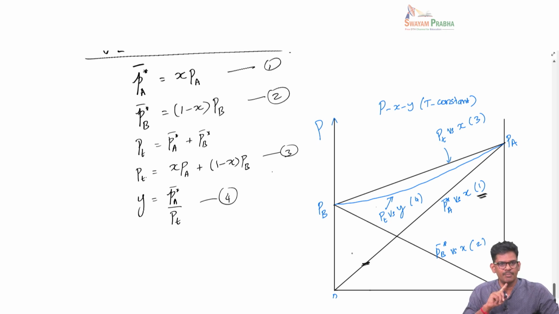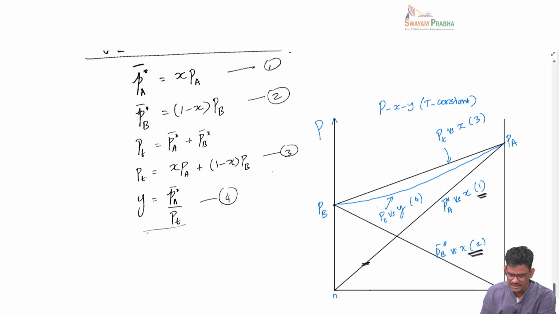Similarly, for component B, it starts at PB here and then it goes to 0. So that is equation number 2, and then I can also plot the total pressure, which is nothing but the sum of PA star and PB star, and that is equation number 3, also a straight line. So these three things come straight away from Raoult's law.